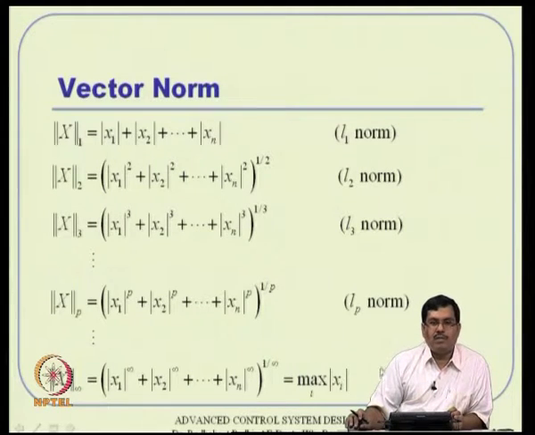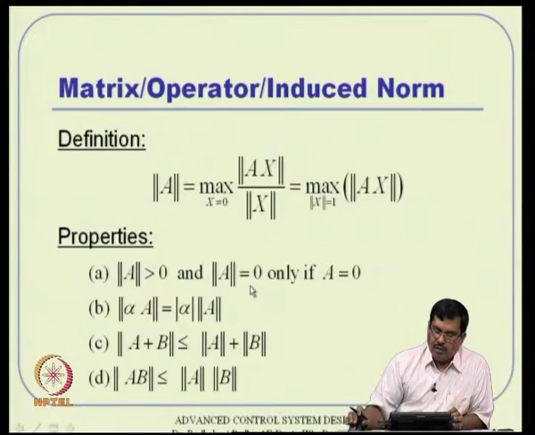Your system has to be stable for the maximum noise magnitude that you expect, noise frequency and amplitude and so on. That concept is the H infinity concept. So for the H2 concept in control theory we will require the second norm, and for the H infinity concept we will require the infinity norm. Mostly we will work with the L2 norm or the L infinity norm. But remember, as long as I show something, all the norms are equivalent.